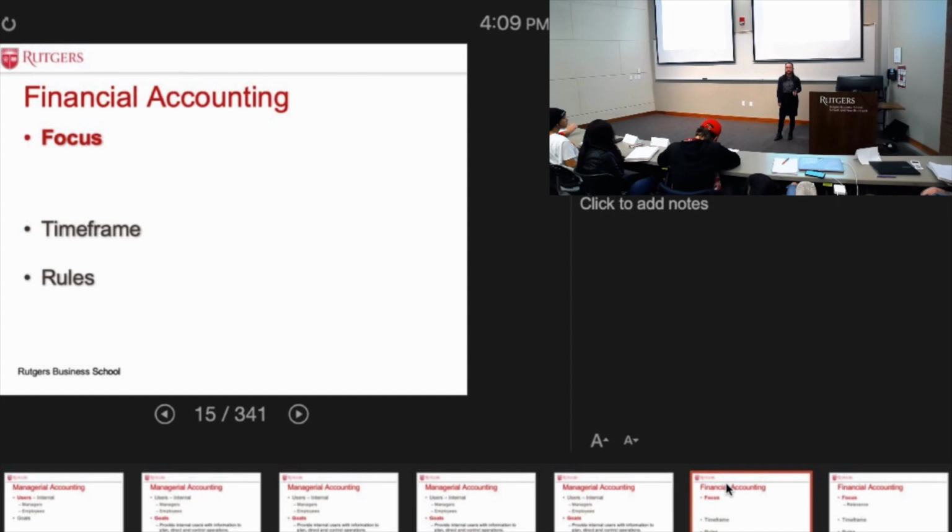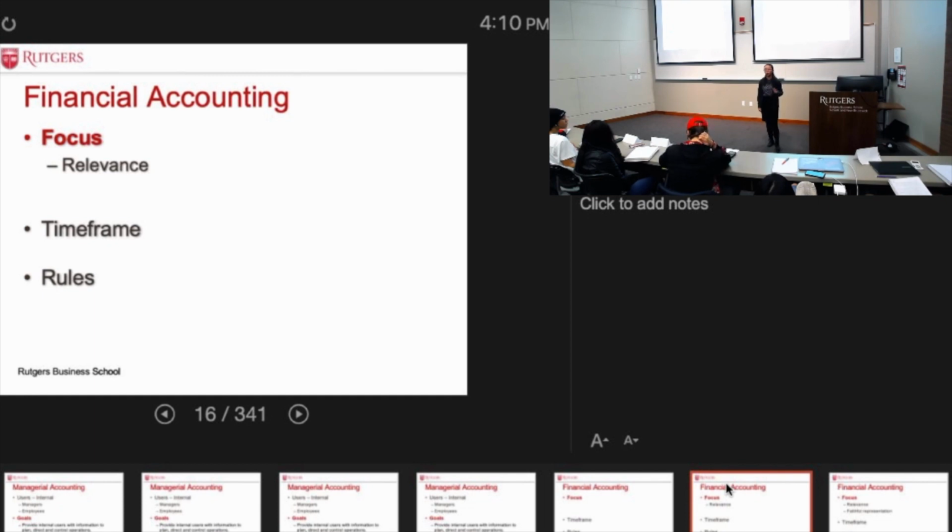And so for this aspect, focus, it means that for financial reporting, the financial reports need to cover the relevant information. For example, we know that on the balance sheet, right, we have assets, we have other types of accounts.